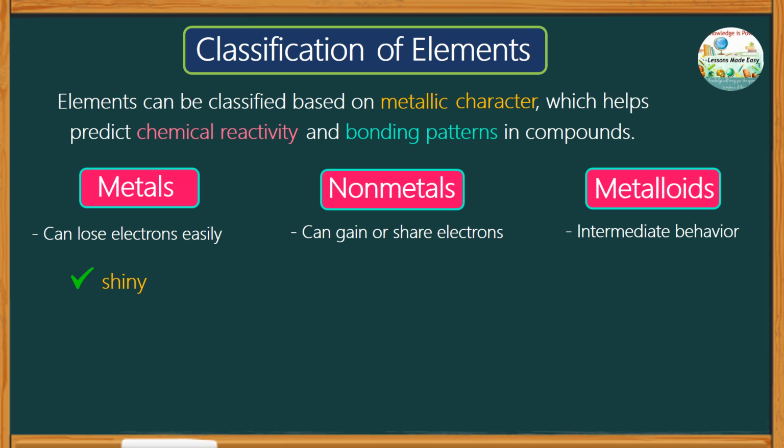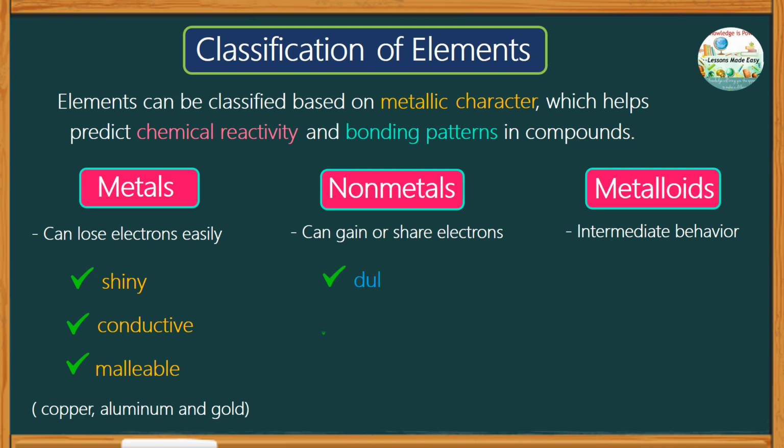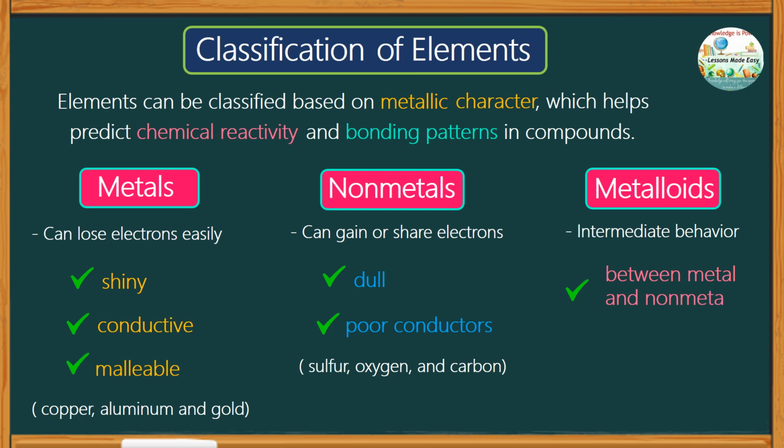Metals are shiny, conductive, malleable elements such as copper, aluminum, and gold. Nonmetals are dull and poor conductors such as sulfur, oxygen, and carbon, while metalloids have properties between metal and nonmetal like silicon and boron.